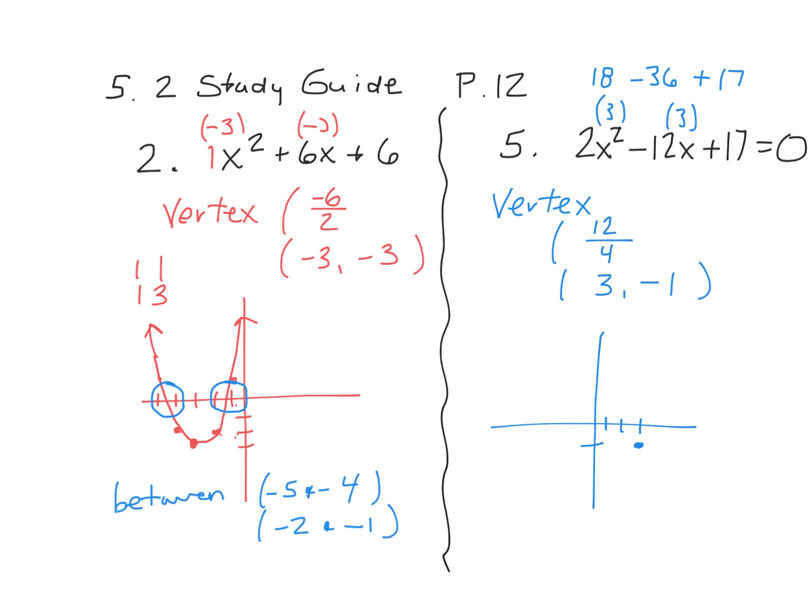My next movement is to go over 1. Since my a value is 2, I'm going to go over 1 up 2, then over 1 up 6. It's the a, 3a, 5a. But if I go over 1 up 2, I'm already crossing the x-axis. My parabola is going to look like this, and so you can see your zeros are between 2 and 3, and between 3 and 4.